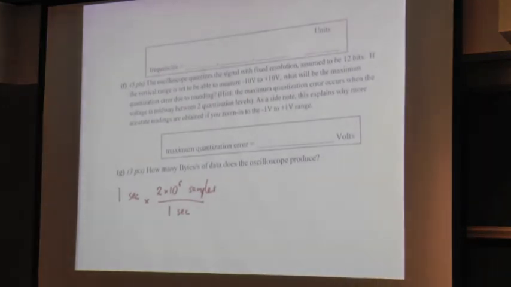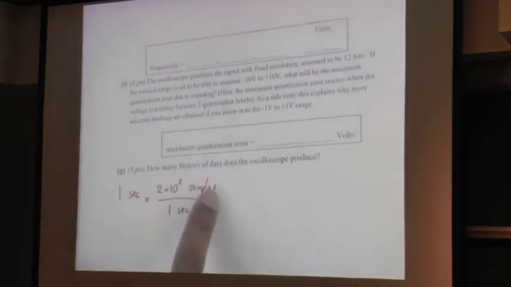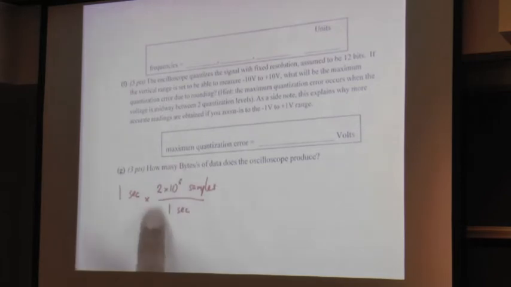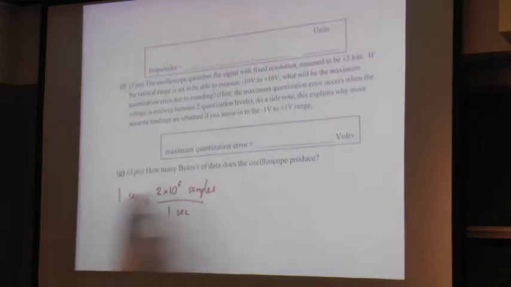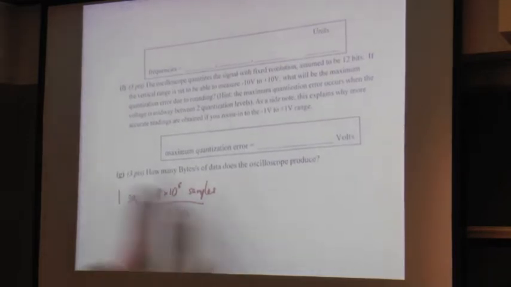Is that clear to everyone? This fraction is equal to 1 because we have 2 million samples every second. So I'm just taking a number and multiplying it by 1, and I get to change the units in this way.